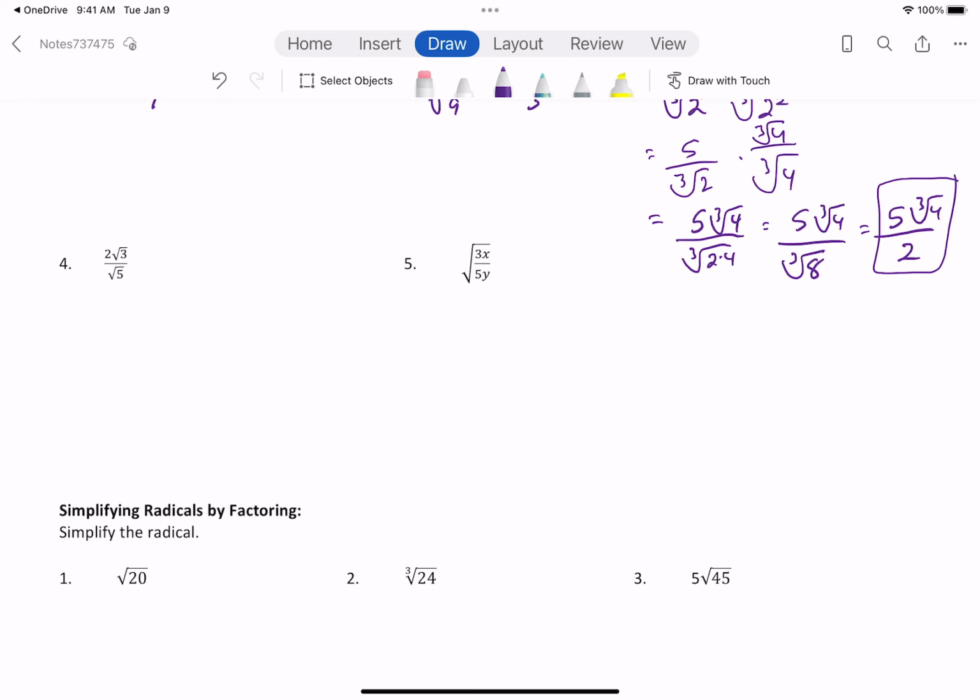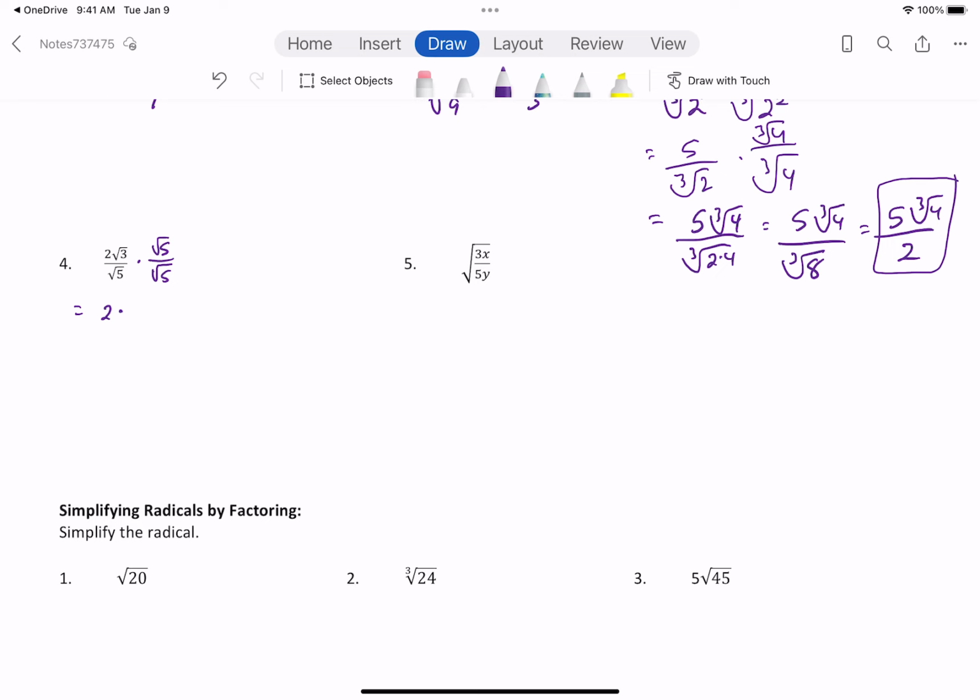All right, a couple more of these. So number 4, that one is actually pretty similar. It's just that we have a number out front. I have the square root of 5 in the bottom. So I need 1 more to make a perfect square. And we also have to do it in the top.